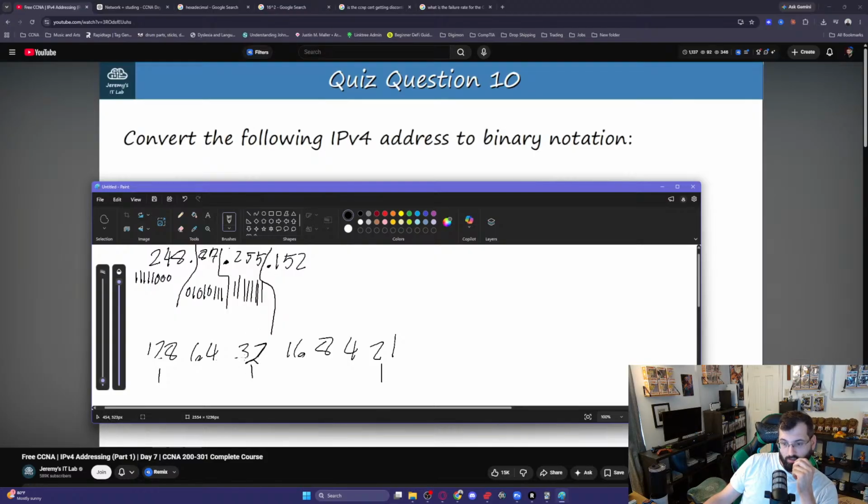This is a 2. 2 and 8 equal 10. Carry the 1. Oh shit. 2 and 8 equal 10. Carry the 1. So that would actually be 160. So it's not this.